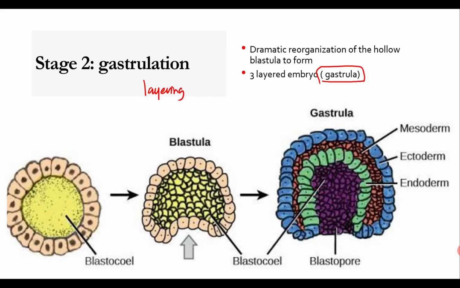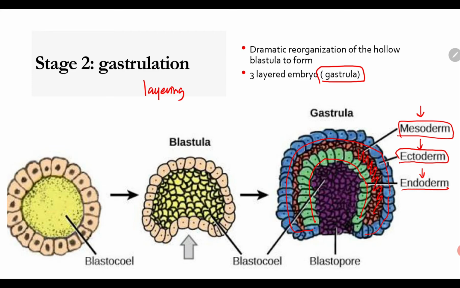So for the human gastrula, basically the arrangement will form a 3-layered tissue: meso, ecto and endo. Ectoderm is the outer layer here, the blue colored. Endoderm would be the innermost layer, the green color, and the mesoderm is the layer in between ecto and endo, so this region over here.